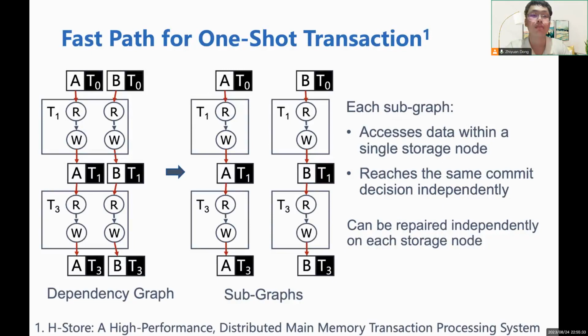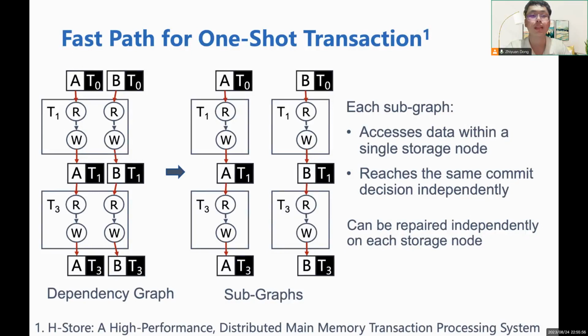So far, we have seen how HighCrunch executes, repairs, and commits transactions. Let's take a step further and introduce a fast-path commit optimization designed for a specific type of transaction known as one-shot transactions. Please note that transactions in the well-known TPCC benchmark are also one-shot.